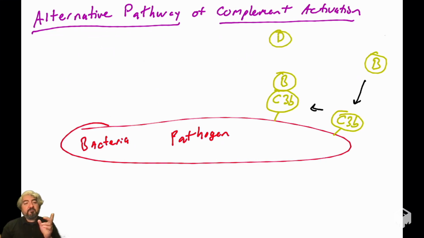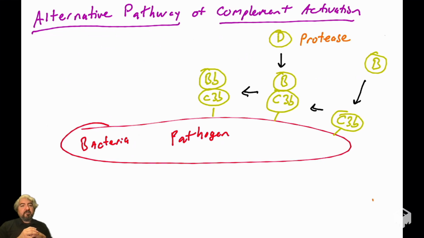Oh, look, it's our friend factor D. If you recall from the last slide, what is factor D? It is a protease. Well, we saw in the last slide that factor D attacked factor B, but only under certain conditions. Well, guess what? This is also a condition where factor D, which is a protease, can bind and cleave factor B into Ba and Bb.